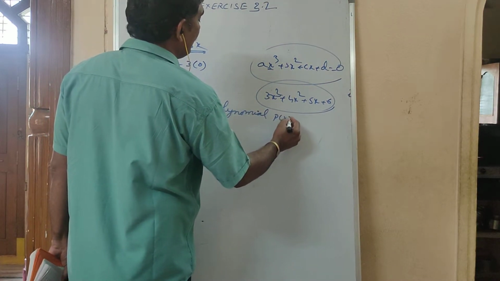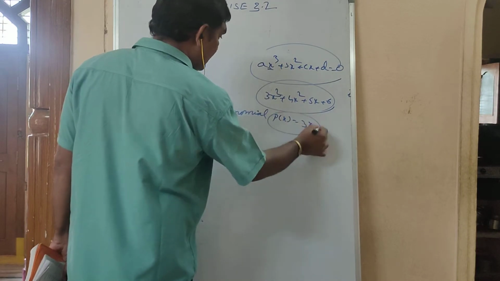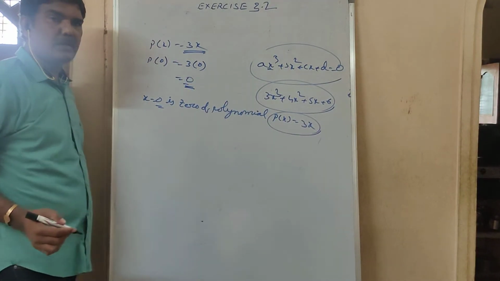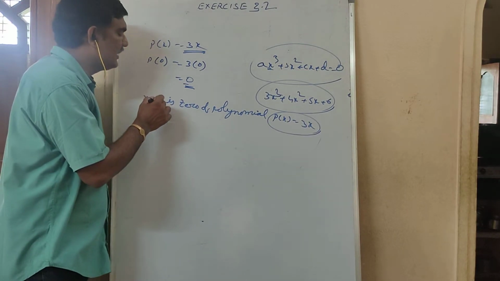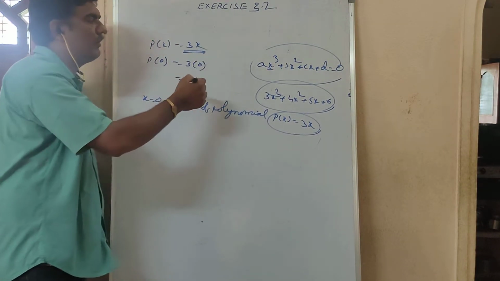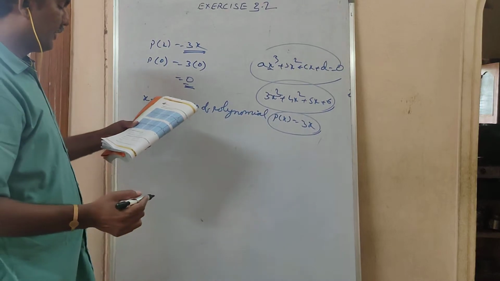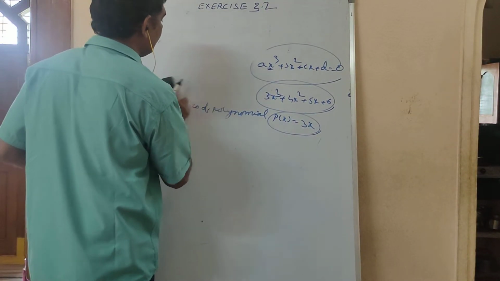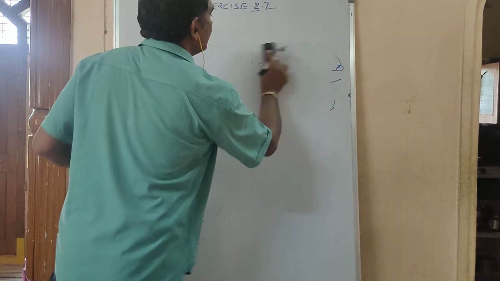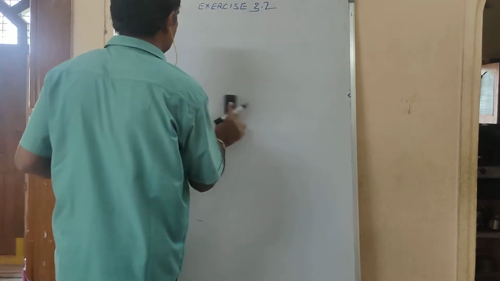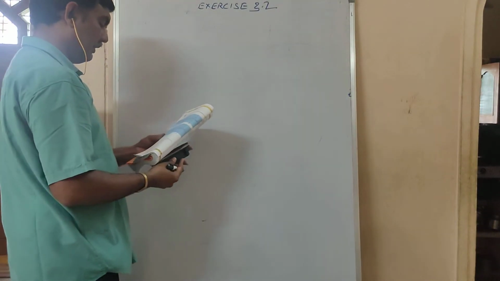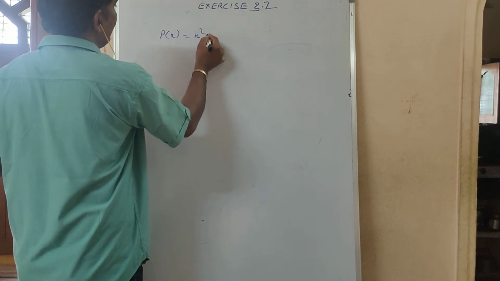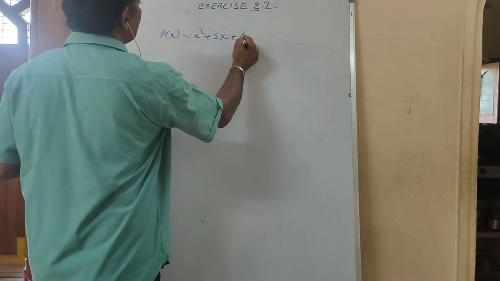p of x is equal to 3x. For this polynomial, 0 is called the zero of the polynomial. That means in place of x, if you substitute 0, the entire polynomial becomes 0. Next, for the second question, they have given p of x is equal to x square plus 5x plus 6.